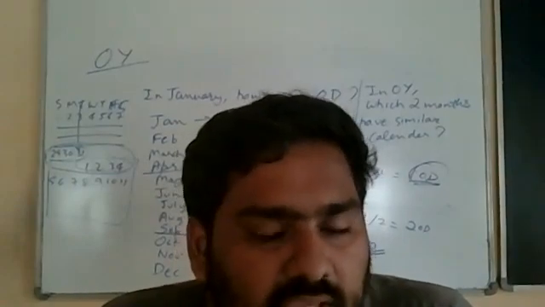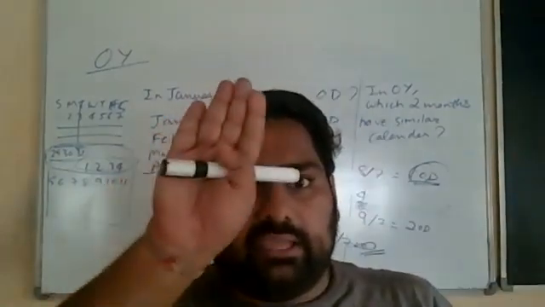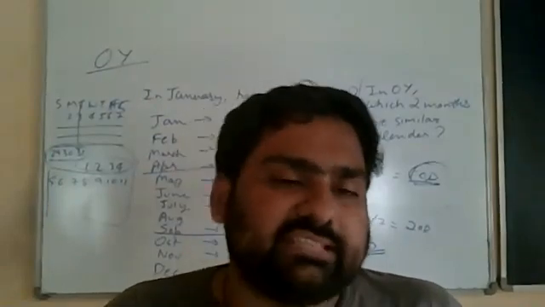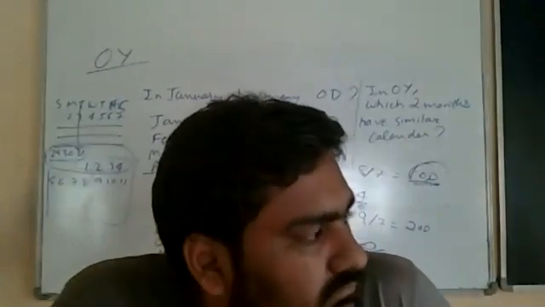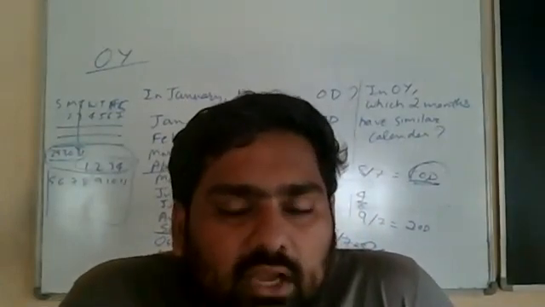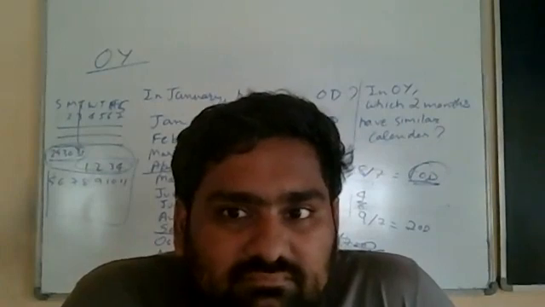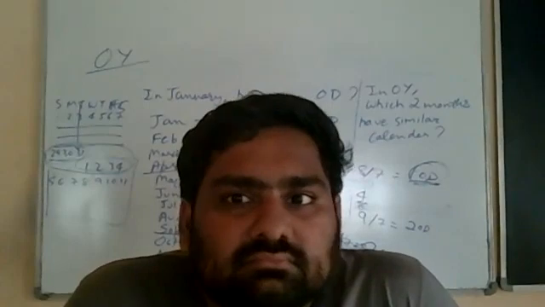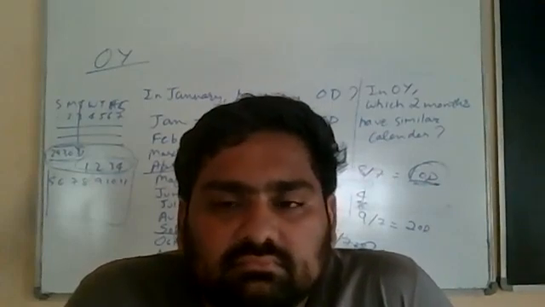If I erase the heading January, the heading October, and the holidays, and I just give you the plain calendar, will you be able to figure out which is January and which is October just by looking at it? Guys, answer no.